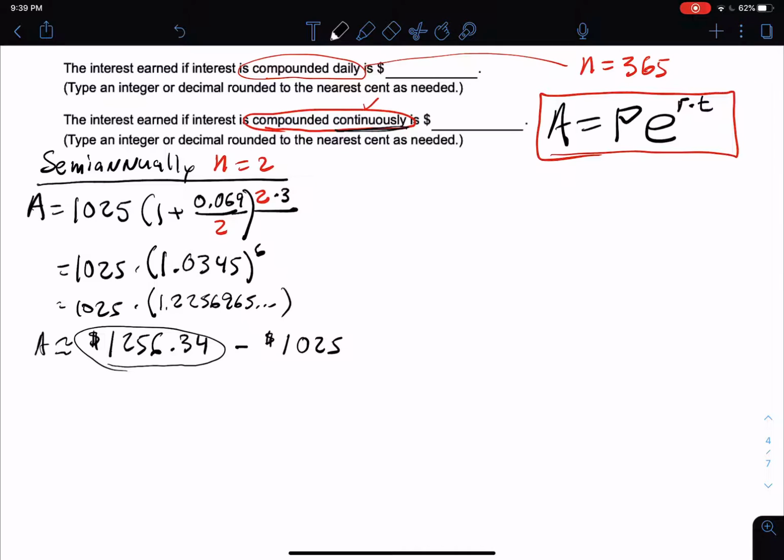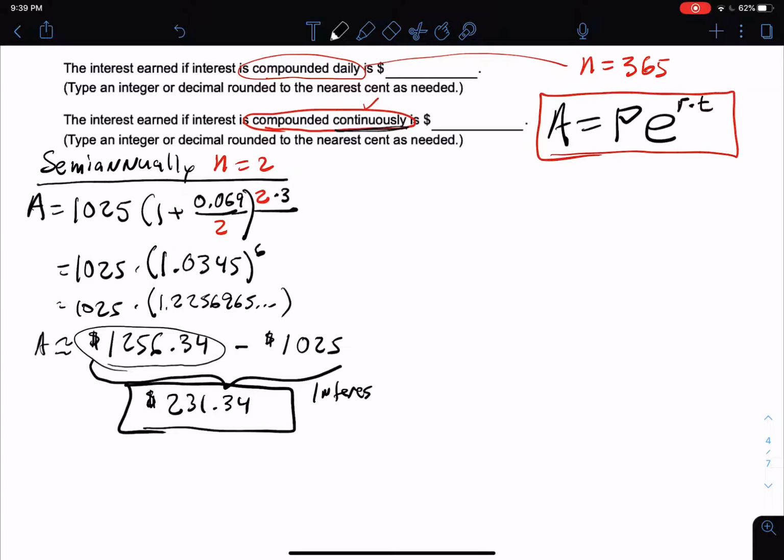Because the final amount, the future value, minus the starting amount, gives us the interest. So if we subtract those two, we would have $231.34. And that is the answer we're looking for. That is our interest. Interest that was earned.